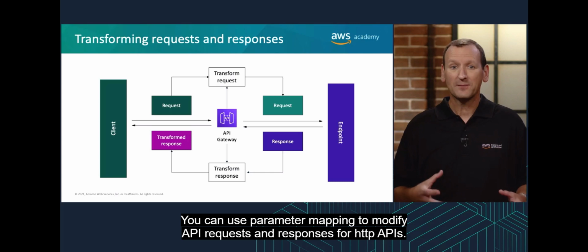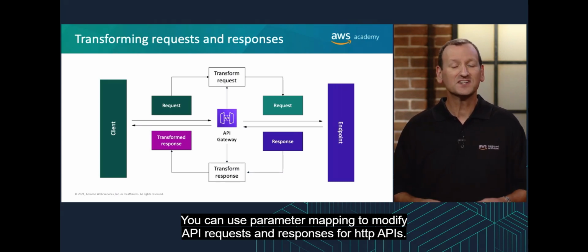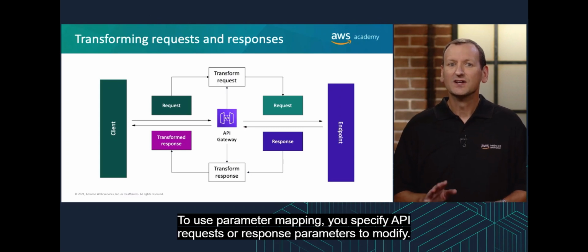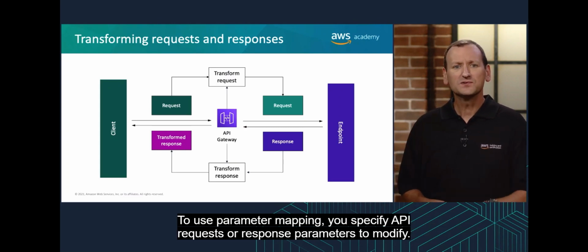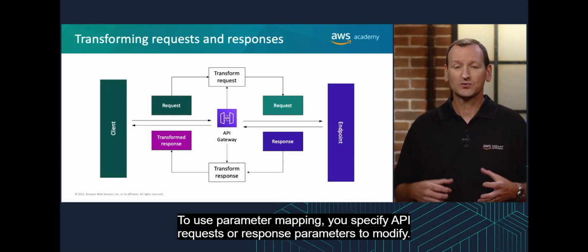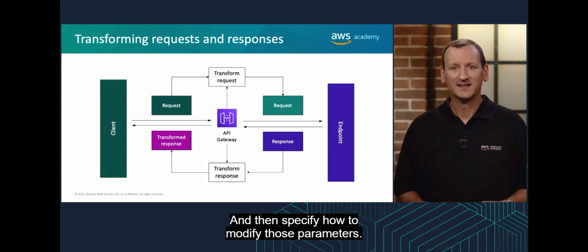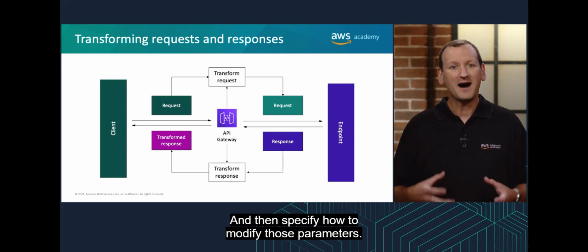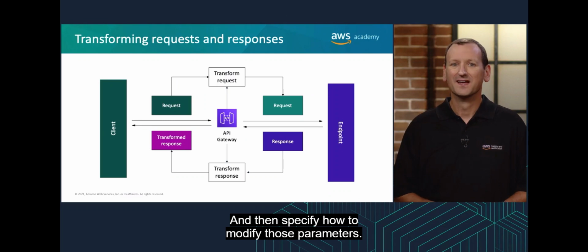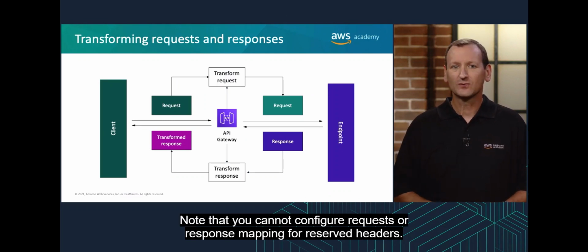You can use parameter mapping to modify API requests and responses for HTTP APIs. To use parameter mapping, you specify API request or response parameters to modify, and then specify how to modify those parameters. Note that you cannot configure request or response mappings for reserved headers.